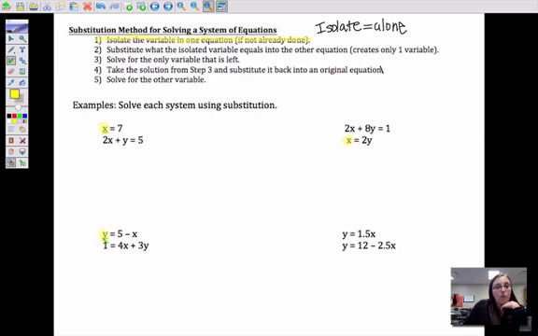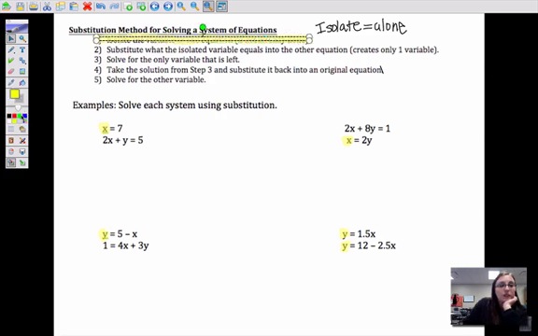Here, I have a y isolated, and then here, I have a y isolated in both equations. So, step 1 is just making sure that that is there. And if that's not already there, you're going to have to figure out how to do that, and you'll need some support from your teacher when you get to an example where that is the case. The ones we're doing in the video are all already done for you.